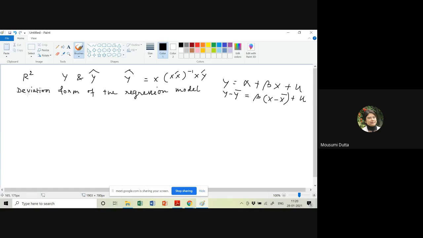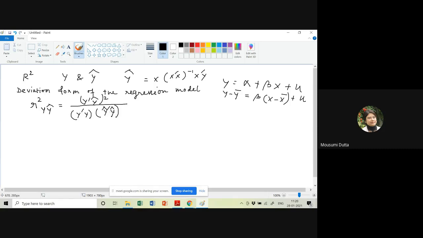Okay. So next, the simple R square between y and y hat. I'm considering the simple R square between y and y hat. This can be presented as (y prime y hat) square divided by (y prime y) into (y hat prime y hat).